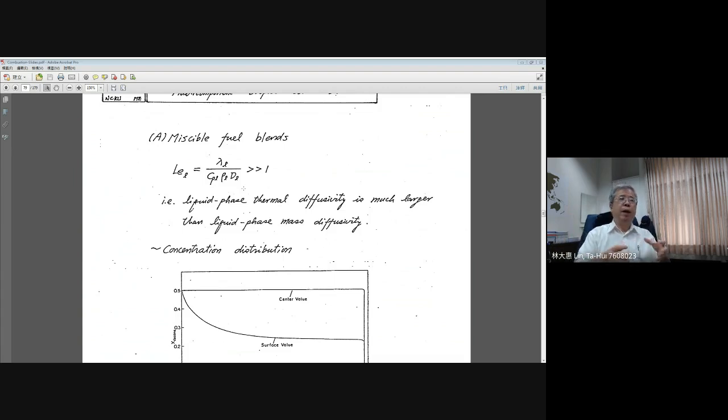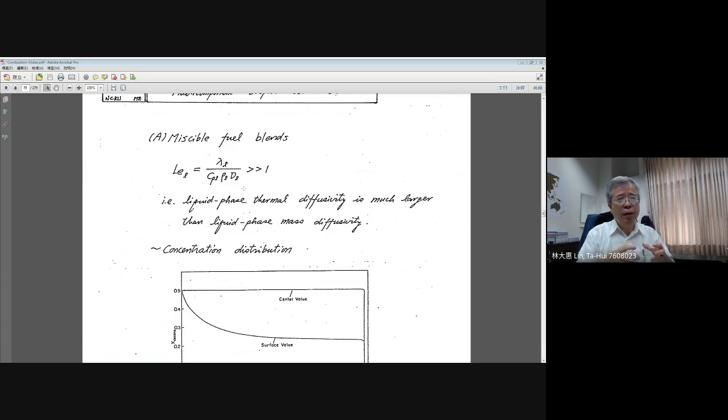Okay, and the other transport you need to consider is mass diffusion because now you have two components, A and B, and those components maybe have very similar thermal properties, but they still have some difference.